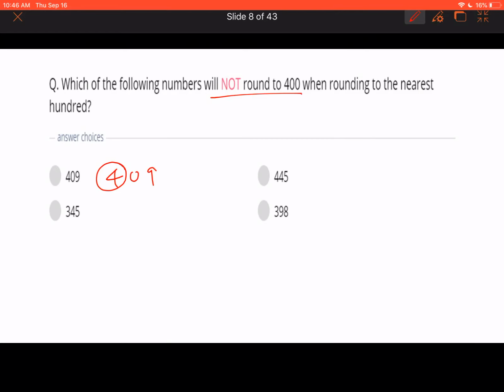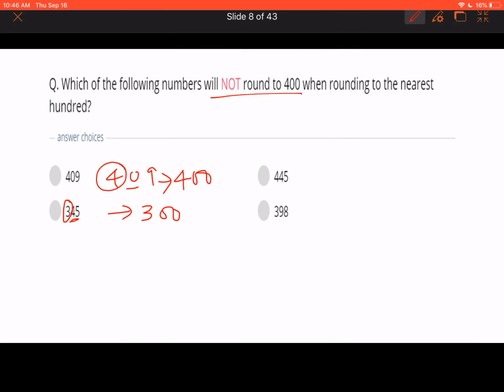When we round 409, the next digit is smaller, so it gets rounded to 400. But in the case of 345, we have to round the 3. We check the next digit, which is 4, lesser than 5, so it gets rounded down to 300.